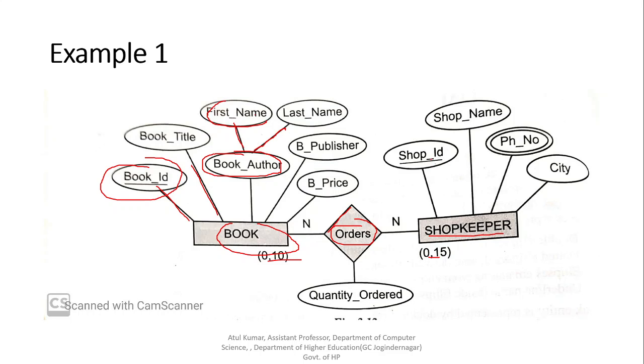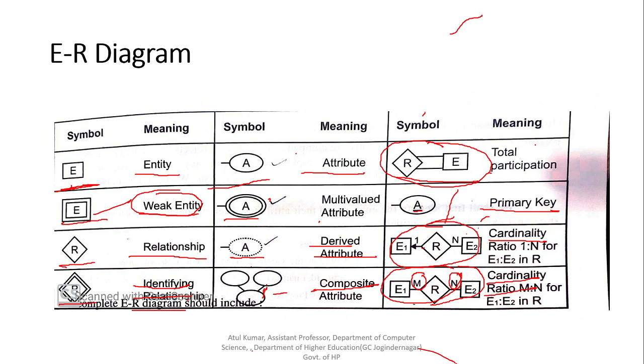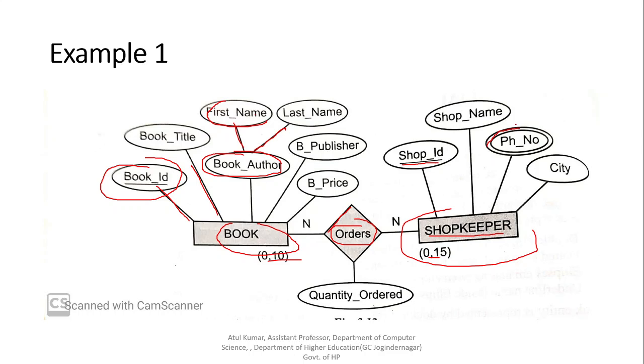Also in shopkeeper we have the primary key shop id, as the underline is below shop id, and the phone number attribute is a double-line ellipse, and for a double ellipse we have multiple values, as a phone number may have multiple values.